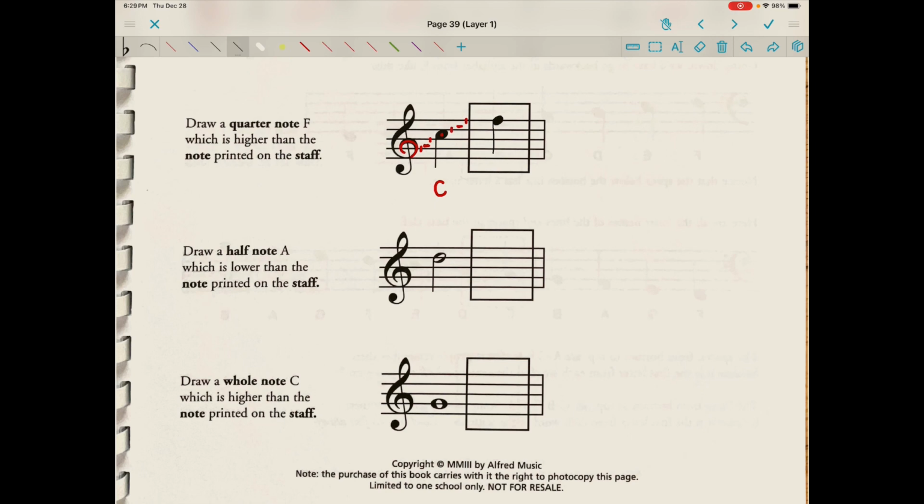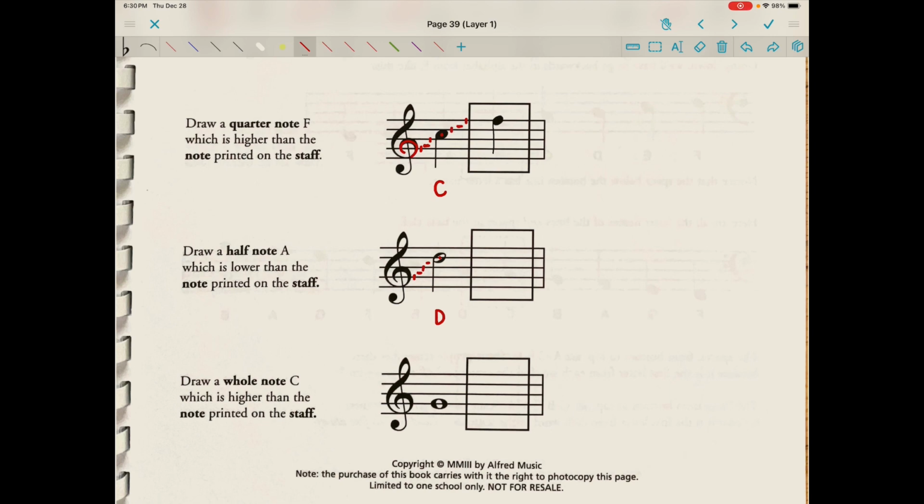Then it says to draw a half note A, which is lower than the note printed on the staff. So again, here's our G. So A, B, C. This note here will be a D. And we need to go lower on the staff.